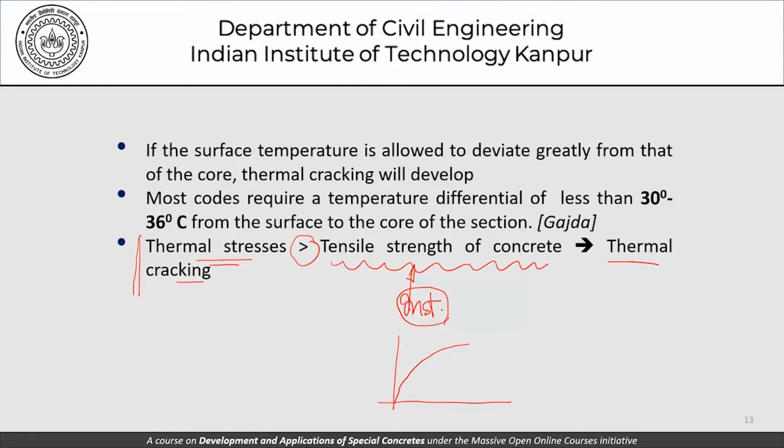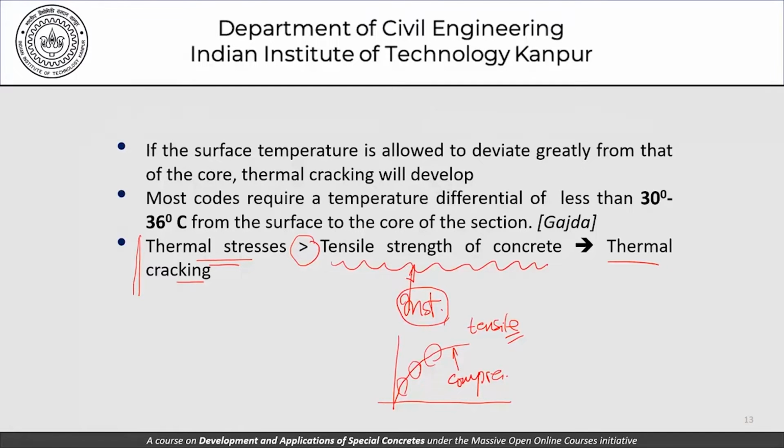As this strength development is happening over a period of time, so is the tensile strength also developing. Typically, we draw this curve for compressive strength development. What we are interested in here, as far as cracking and thermal stresses are concerned, is the tensile strength.